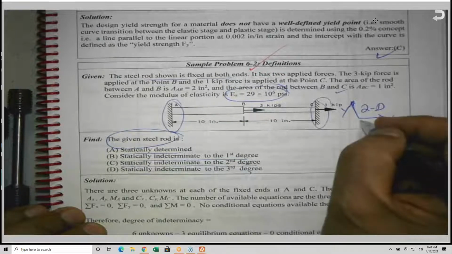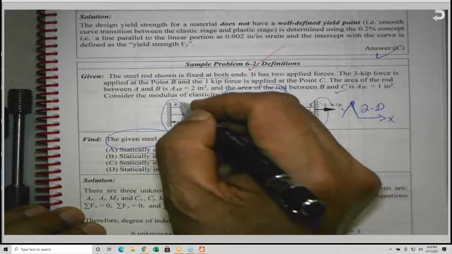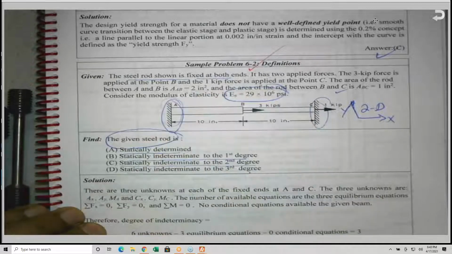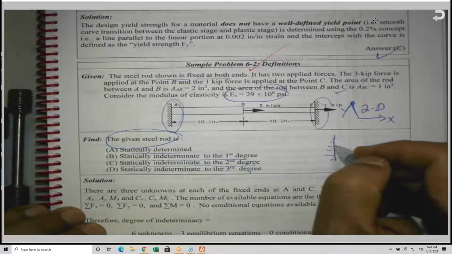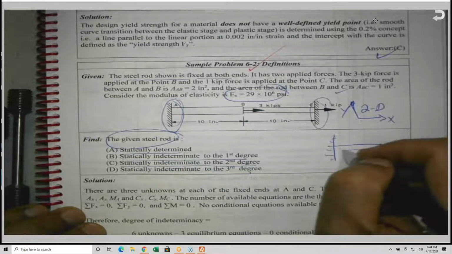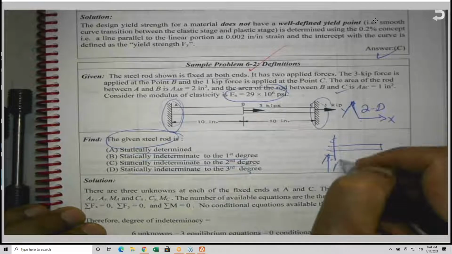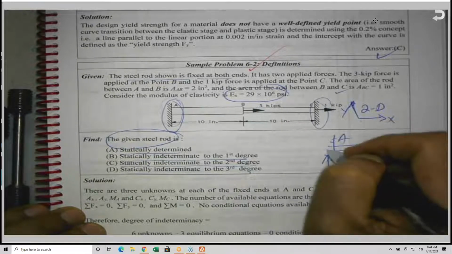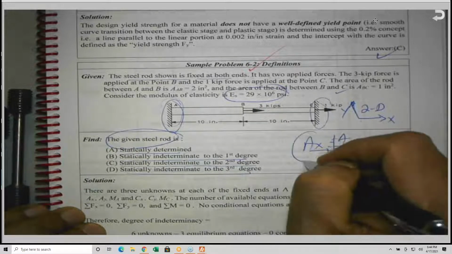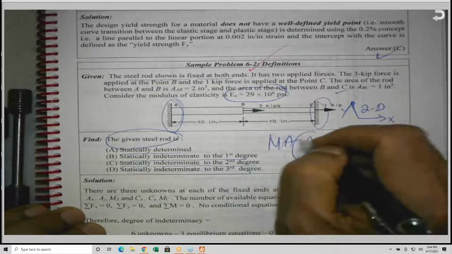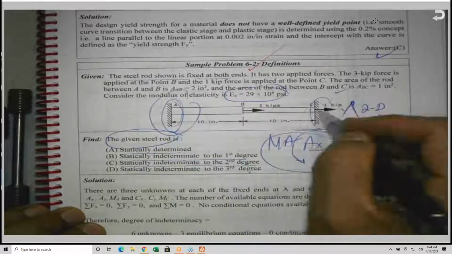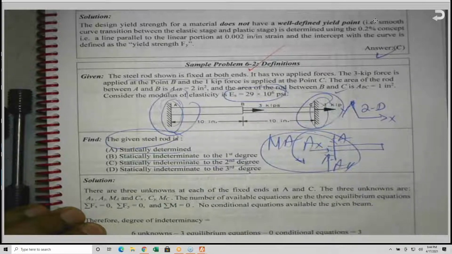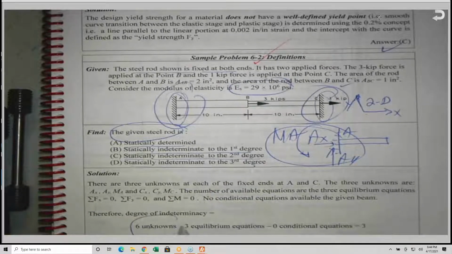Since it is 2D, how many unknowns do I have here? Do you remember the fixed end? Any fixed end does have 3 unknowns: A sub y, if this is the end A, A sub x, and the moment, M sub A. So we have 3 unknowns here, and 3 here, so 6 unknowns.